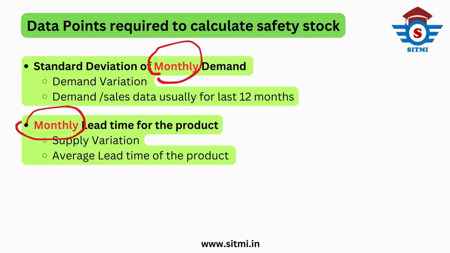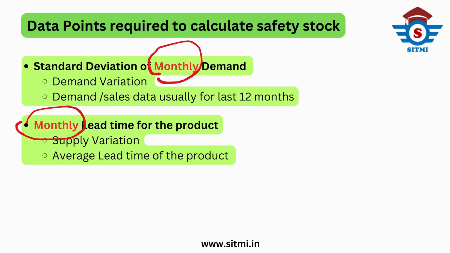If demand variation is in a monthly bucket, we have to consider lead time also in a monthly bucket. On the other side, if you consider demand variation in a daily bucket, then you have to consider lead times also on a daily basis. We will see that in detail in our calculation topic.